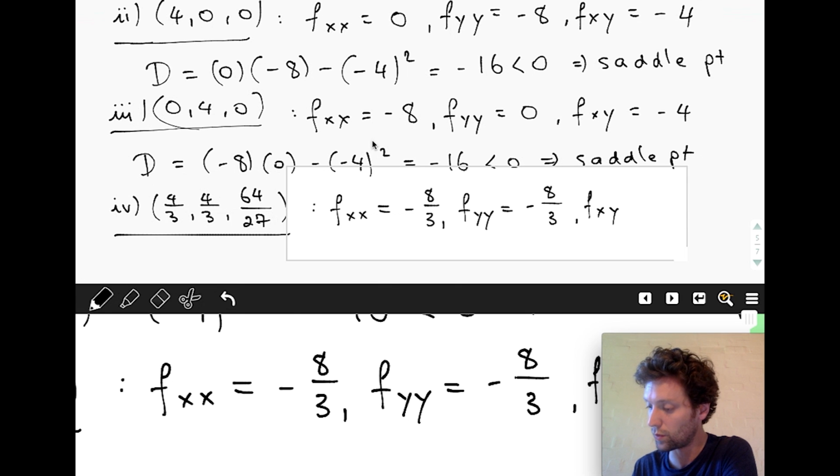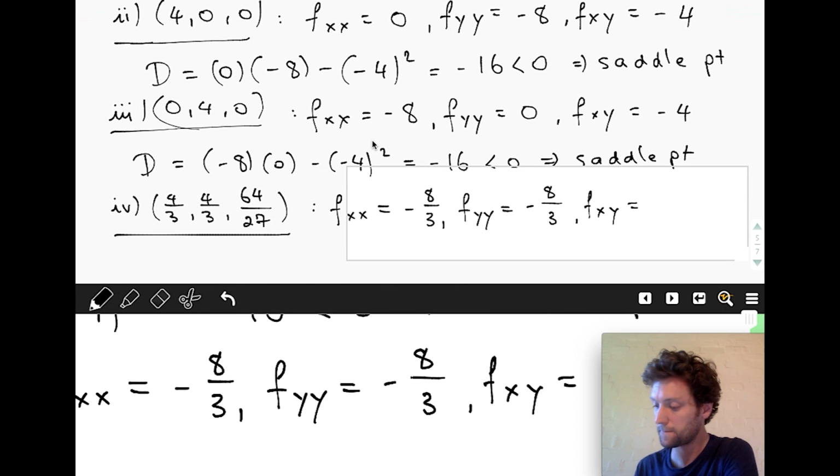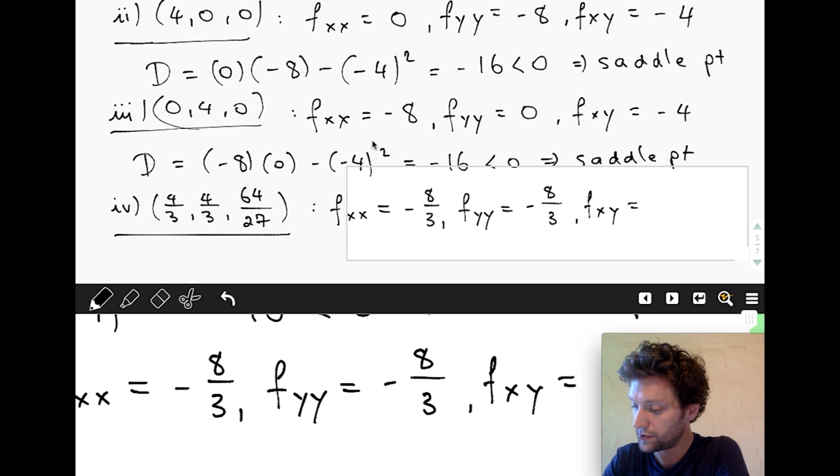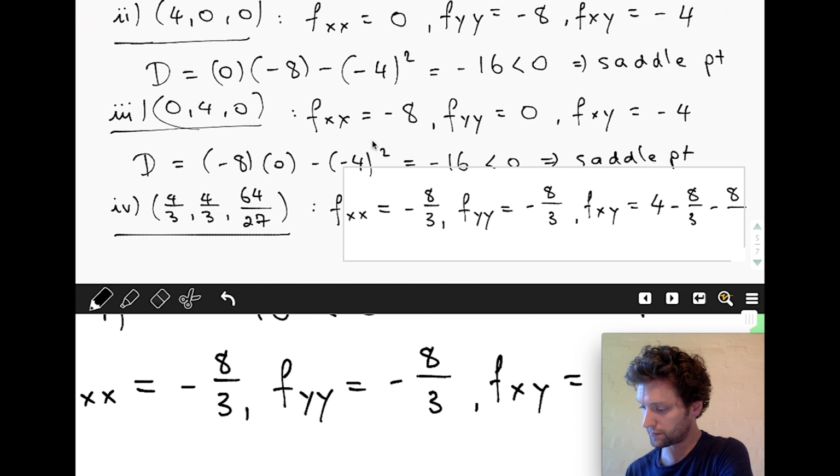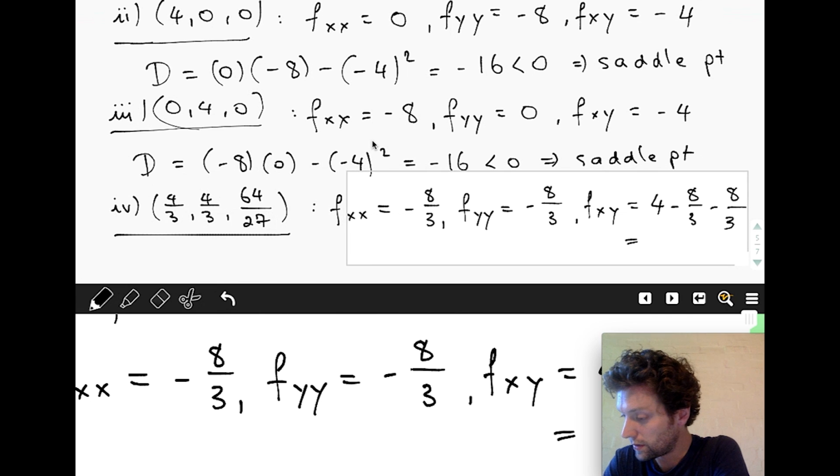And fxy is equal to 4 minus 2 times x minus 2 times y, which is going to be given by, let's see, 4 minus 8/3 minus 8/3, which is equal to 12 minus 16 over 3, so that's going to be minus 4/3.